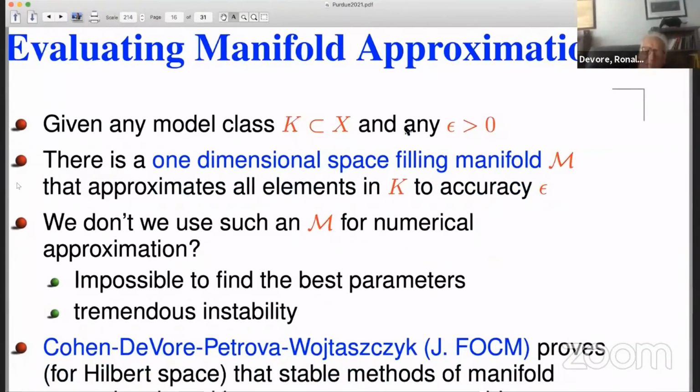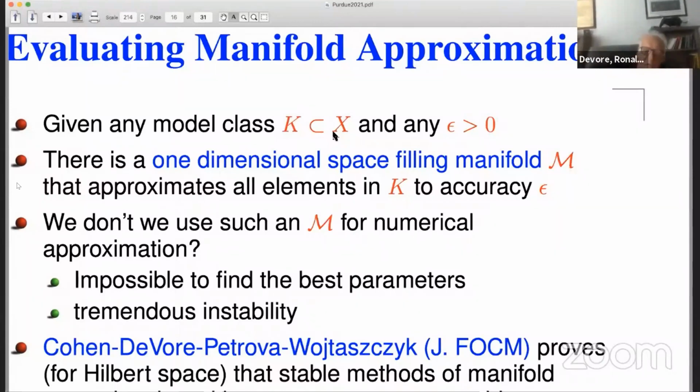And the bottom line is manifold approximation can be fantastic. Why? Because you know that you can find space-filling manifolds. You can find a one-parameter manifold, a manifold depending on only one parameter that fills all of K. So if you open the door to me and say you're going to use manifolds to do the approximation, I say, well, wait a minute, be cautious, because I could take a one-parameter manifold and use that for the approximation, instead of your neural nets, which use a lot of parameters.